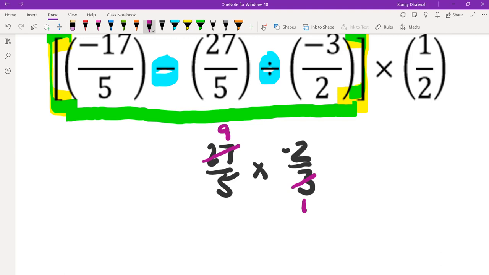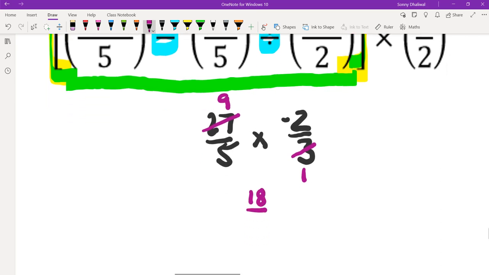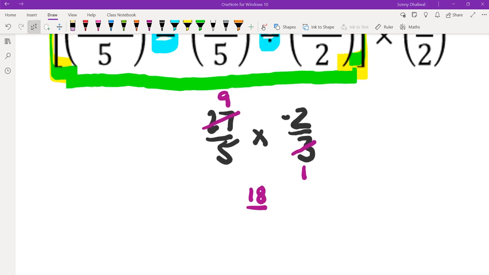No, that's it. So now that we simplified as much as we can, we just multiply. We multiply the tops together: 9 times 2 is 18. And 5 times 1 is 5. And this is not just 18, we also have this negative sign here, so it's negative 18.